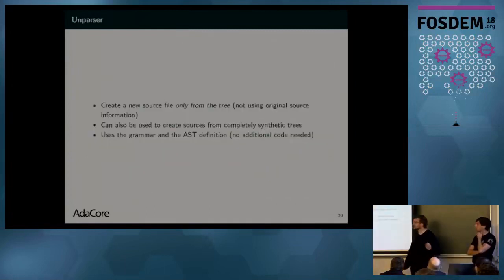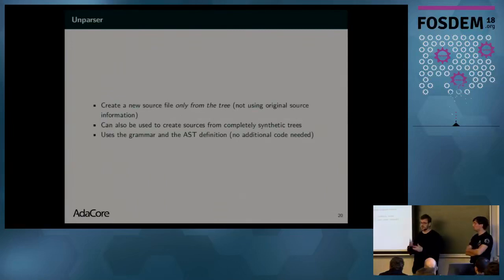So what we also generate automatically from your grammar definition and your tree definition is an unparser. So we have a means to parse code, but we also have a means to take a tree and produce a new source file from it, not using any source information. So this is useful because if you remember, Pierre-Marie told you that we want to be able to do refactorings with the libraries.